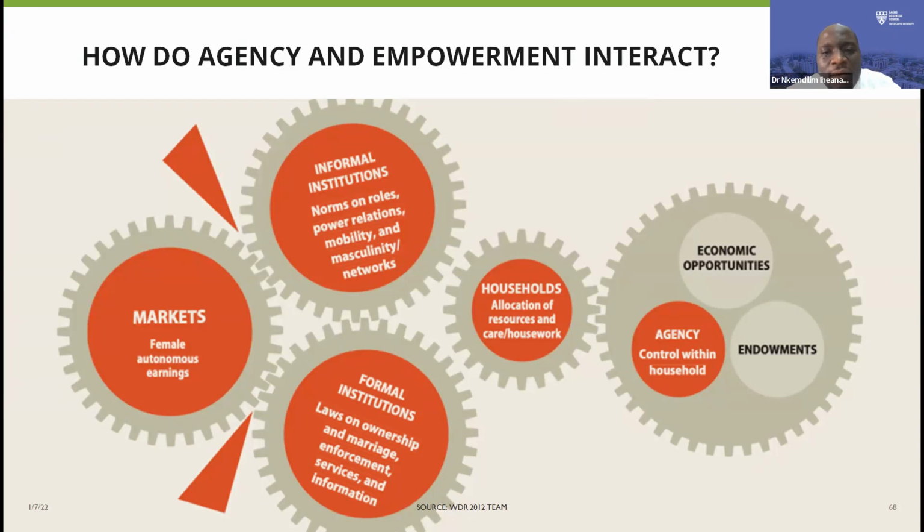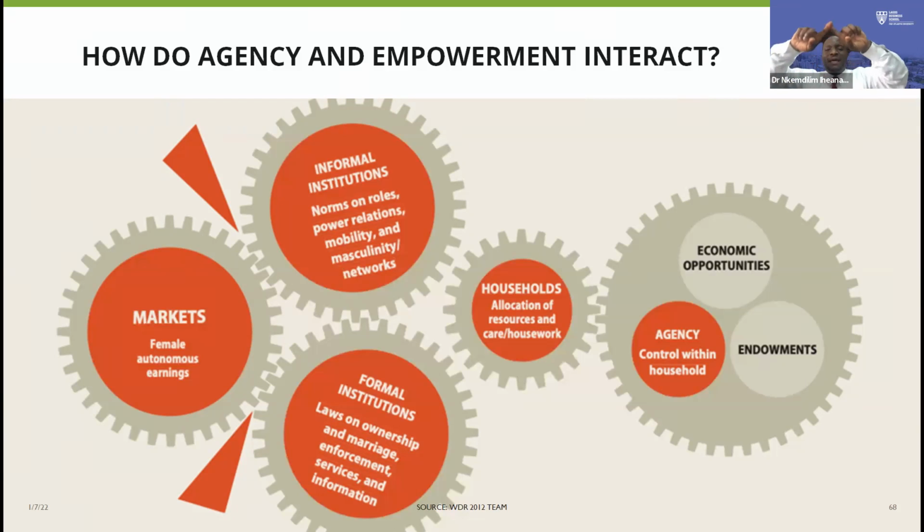However, there are also formal institutions. Formal institutions have laws on ownership, marriage, enforcement, services, and information, while informal institutions have norms on roles, power relations, mobility, masculinity, and networks. Households have the responsibility to allocate resources, allocate care, and also allocate housework.